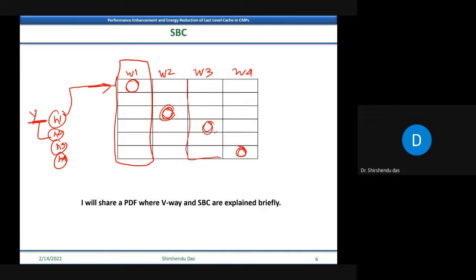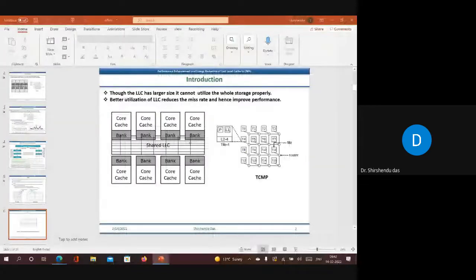This is the position for way number 2, and so on. You have to understand this concept of skew associative cache, which is parallel to set associative cache. There are advantages and disadvantages of both, but I'm not going into more detail about that. At this point, just remember what skew associative cache is.